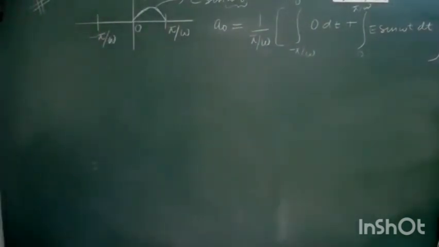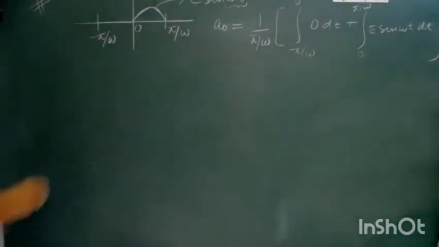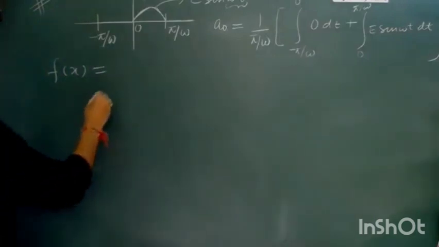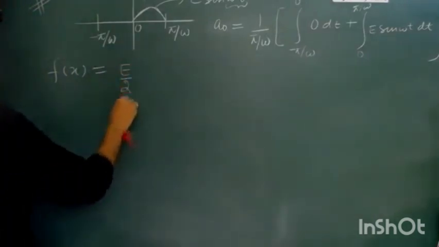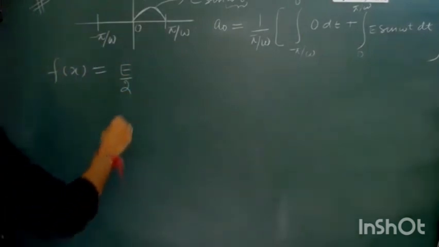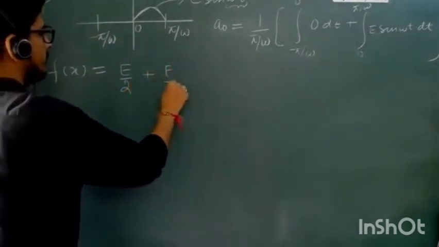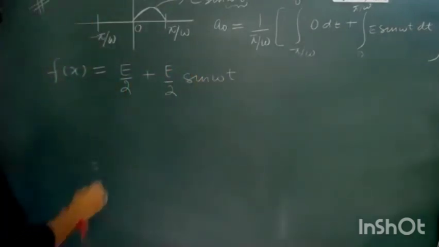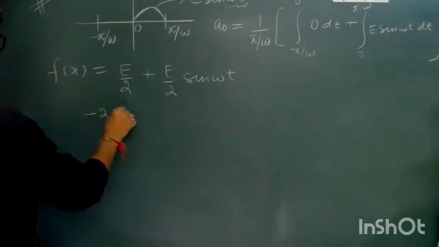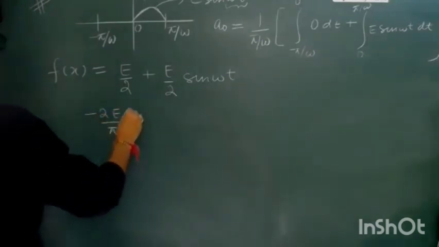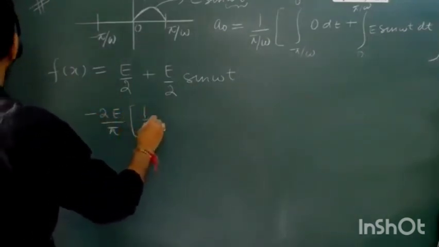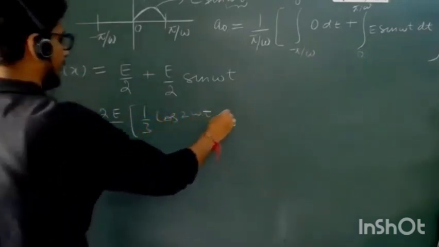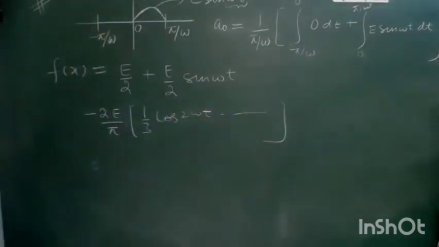When you substitute those values, you are going to get the series like this. f(x) is equal to E by 2 plus E by 2 sine omega t, minus 2E by pi into 1 by 3 cos 2 omega t, and like this, all the cosine terms.